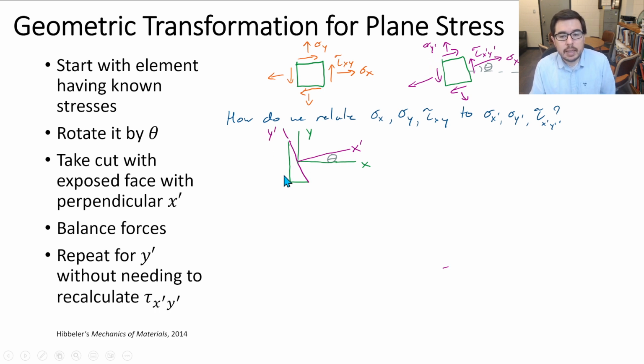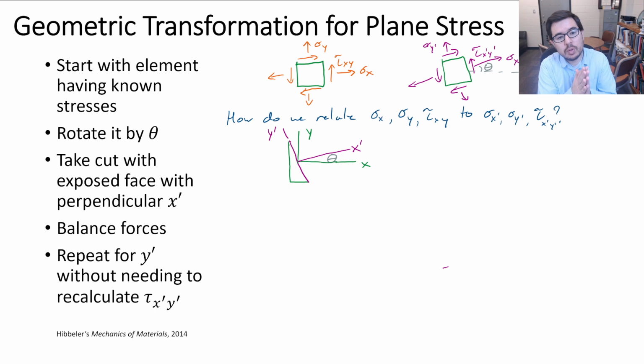And we are actually going to do something a little bit interesting with respect to being able to do equilibrium. We are going to be very careful because these stresses are not acting in the same direction. Sigma x is not acting in the same direction as sigma x prime, and it goes for sigma y and sigma y prime, tau xy and tau x prime y prime.